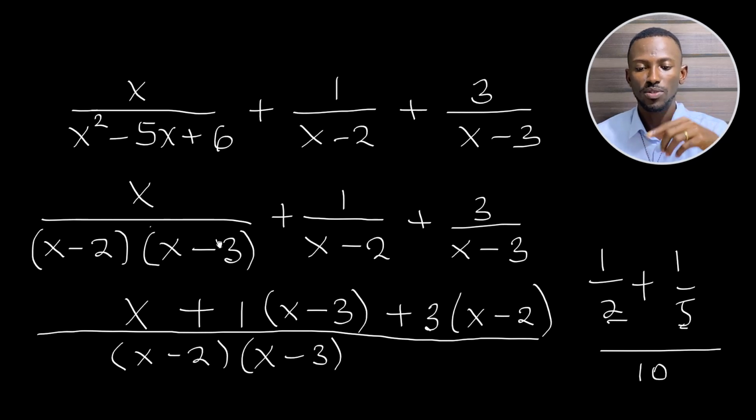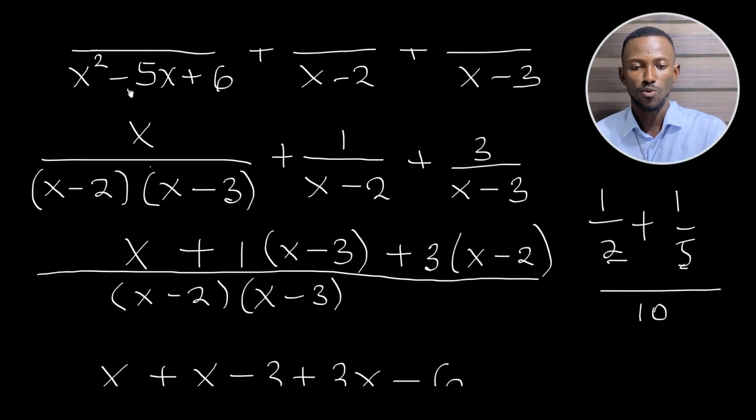But before we do that, what we did was to factorize this denominator, and when we factorized it, we got x minus 2, x minus 3. And then the LCM of the denominators is x minus 2, x minus 3.